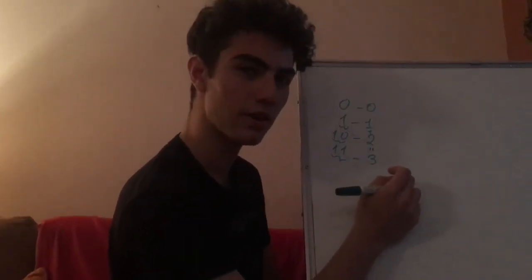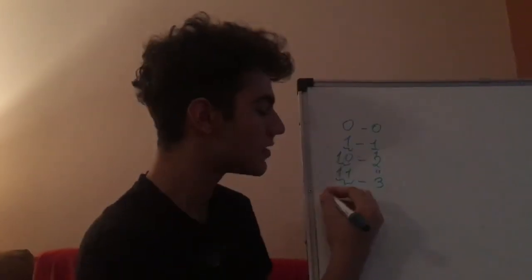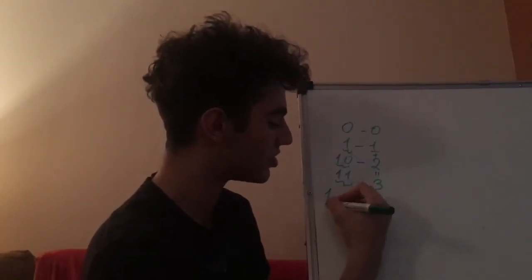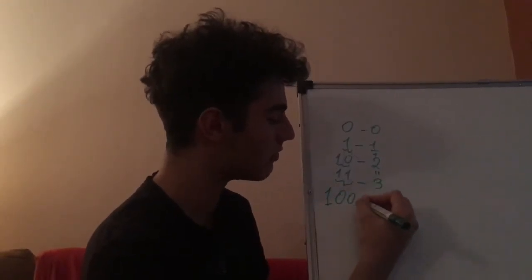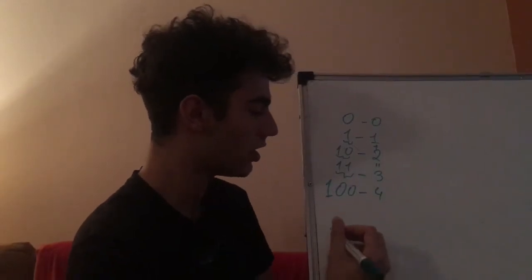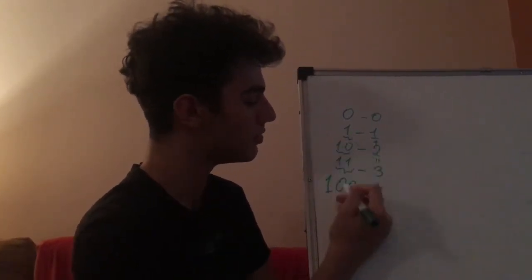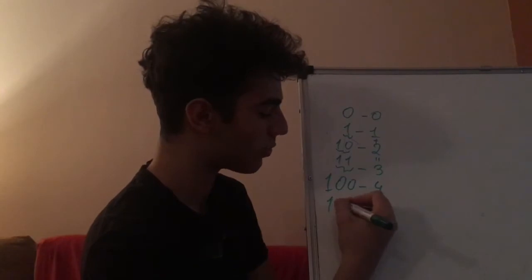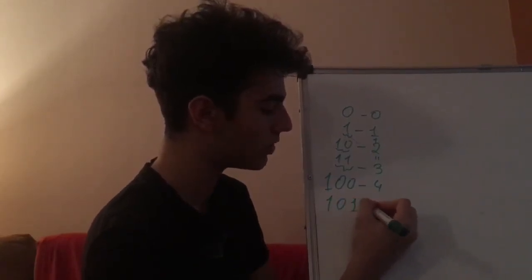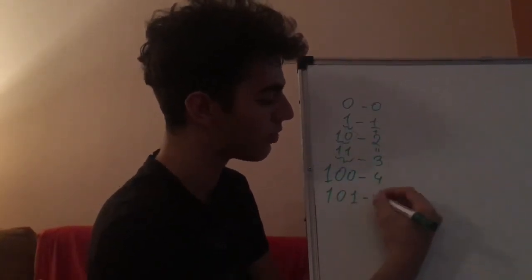With me so far? So next we go on with 3 digits. That's 1, 0, 0, and it makes a 4. Then we add 1 to 1, 0, 0, and we get 1, 0, 1, which is 1 plus 4, 5.